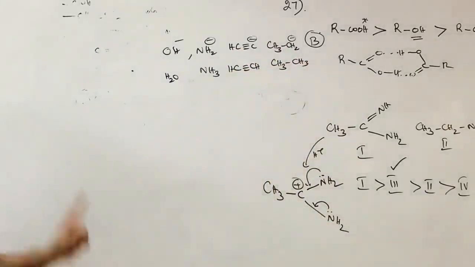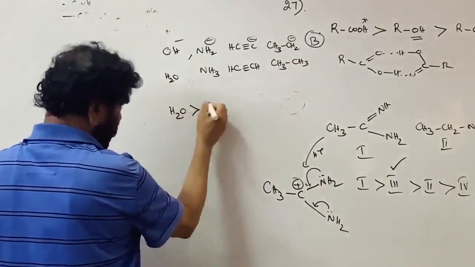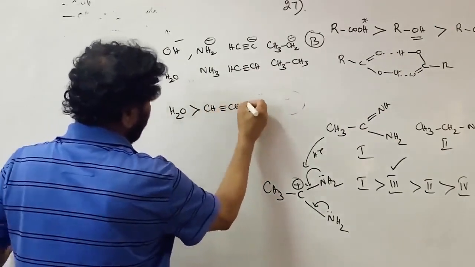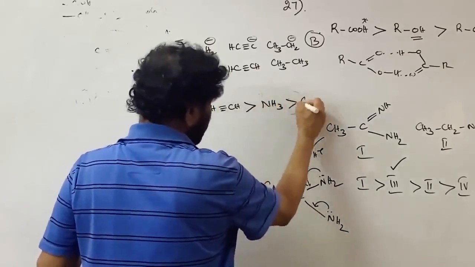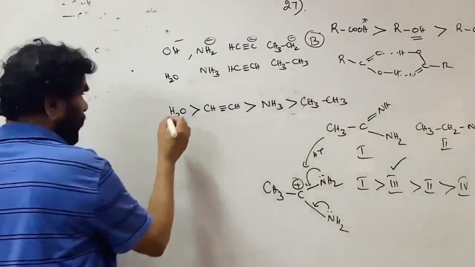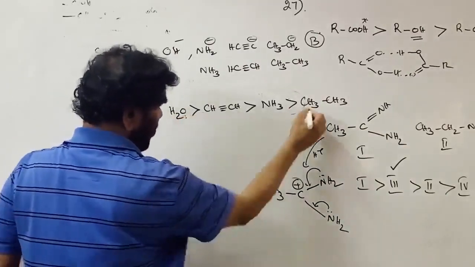The weaker the acid, the stronger its conjugate base. So the order of acidity is water, then acetylene, then ammonia, and the least acidic among these is ethane. OH minus comes from the stronger acid, so it is the weaker base.